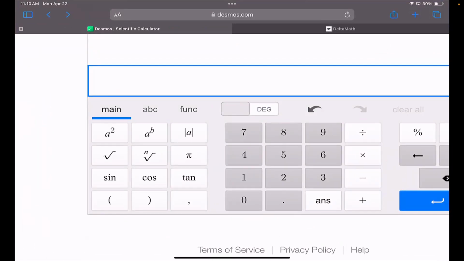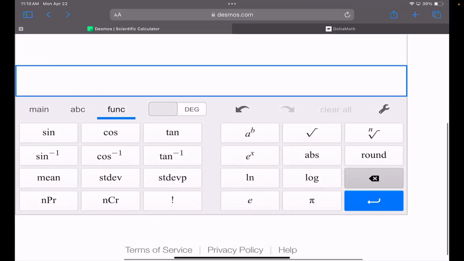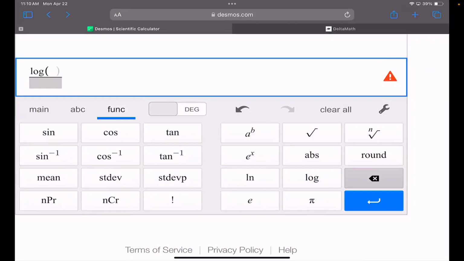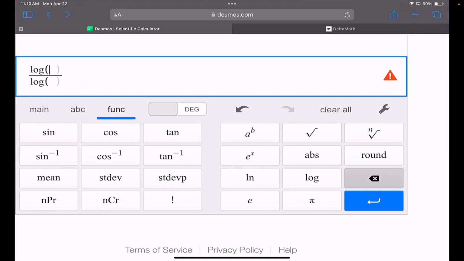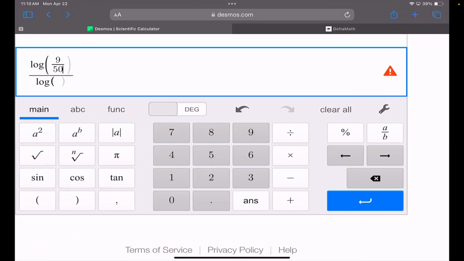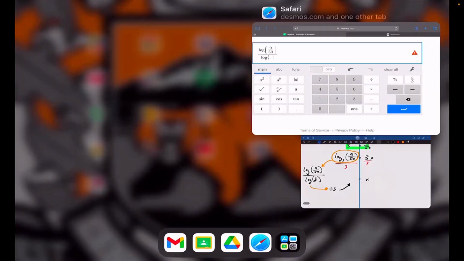Log is a function, so you got to go to the function, F-U-N-C. Oh wait, I should have done a fraction first. Log on top, log on bottom. So the one on top, 9 over 50, 9 divided by 50. The log on bottom was 3.